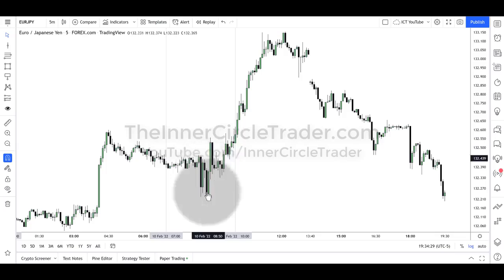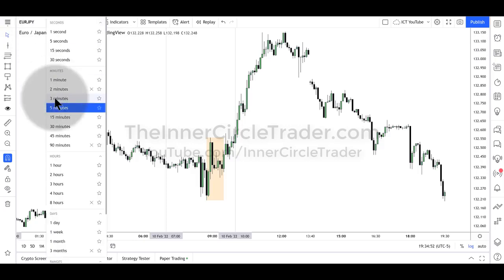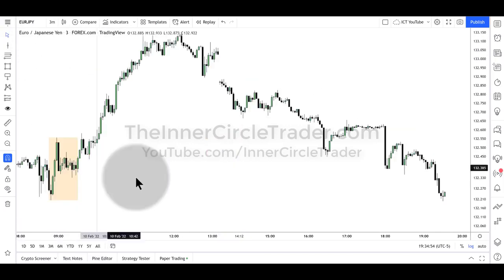We're going to start breaking it down top down from the 5-minute down to the 1-minute chart. So from this low up to this high, right in there, that's what we're going to study on each new time frame. So we'll go down to a 3-minute.